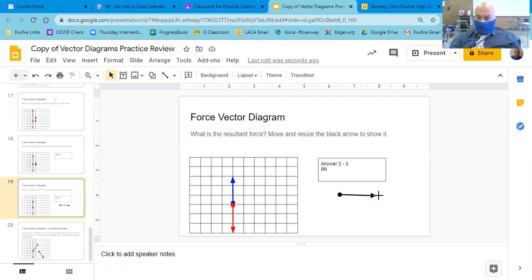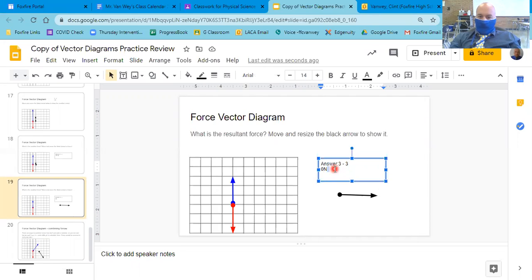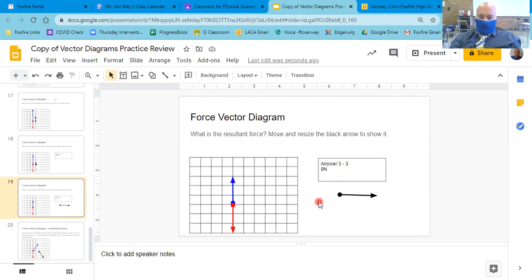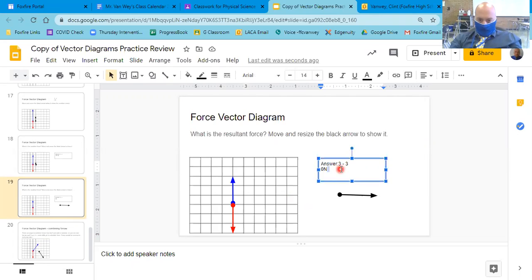And of course, we remember from Newton's first law, F equals ma, also a equals F over m.